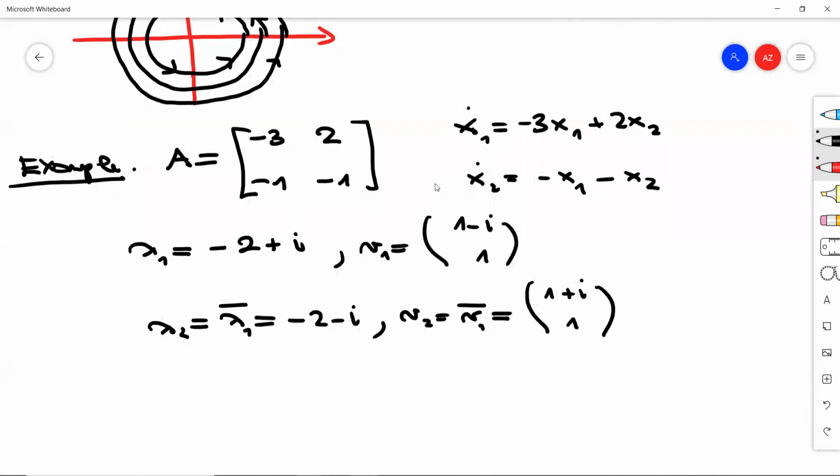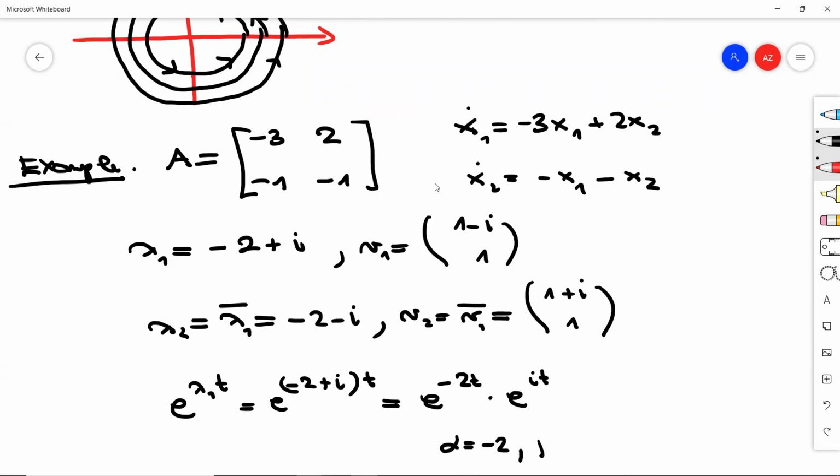So what are alpha and beta? e to lambda 1 t is e to (-2 plus i) t. So it's e to -2t times e to it. So alpha is -2 and beta is 1.